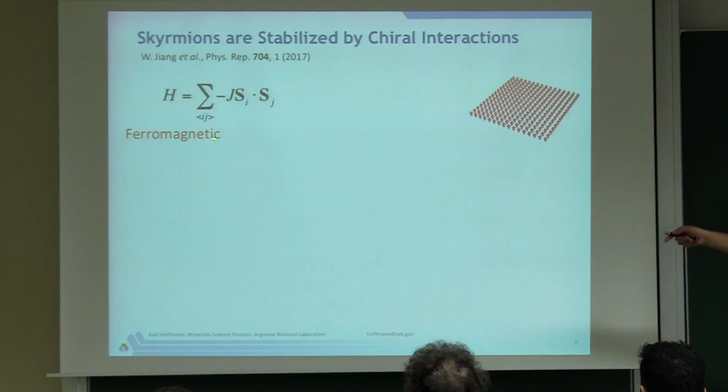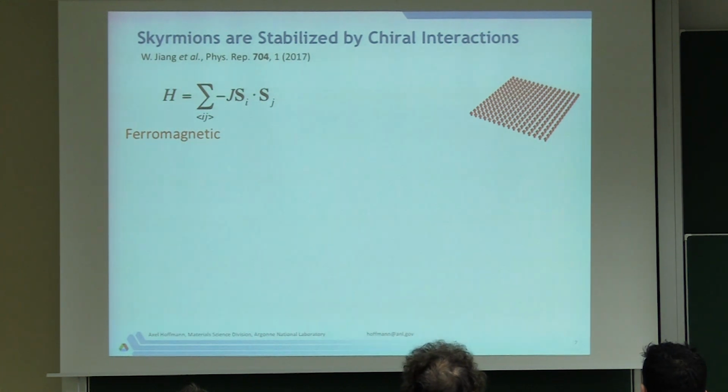And for a ferromagnet, it's well known that you can use what is known as the Heisenberg exchange interaction, where if you have two neighboring spins, the coupling between them is determined by this dot product and a constant that gives you the strength of the interaction. If this constant is positive, then all these spins like to be parallel to each other, and so you get a fully ferromagnetic state.